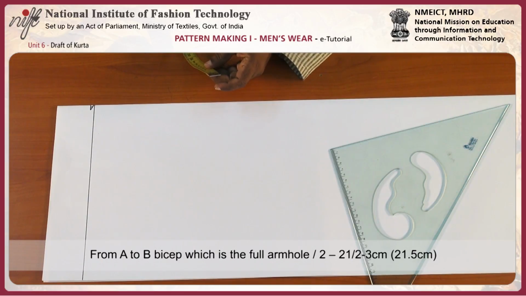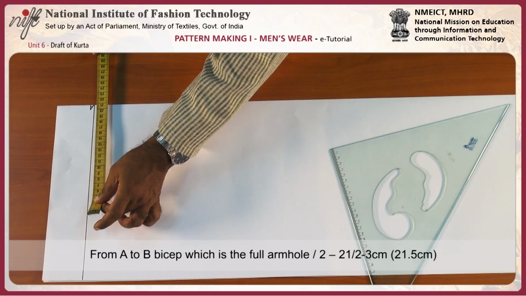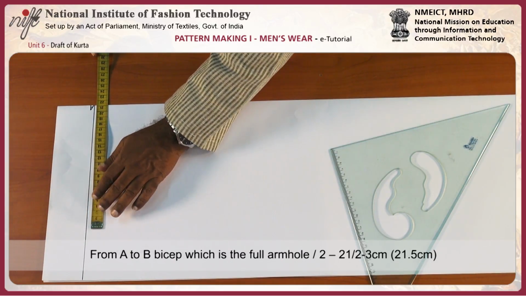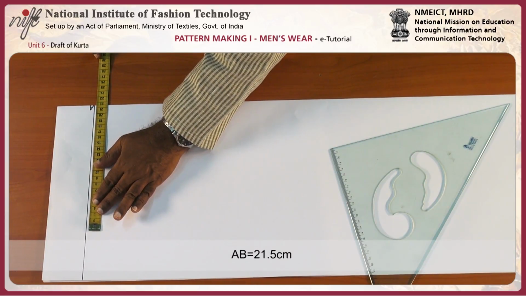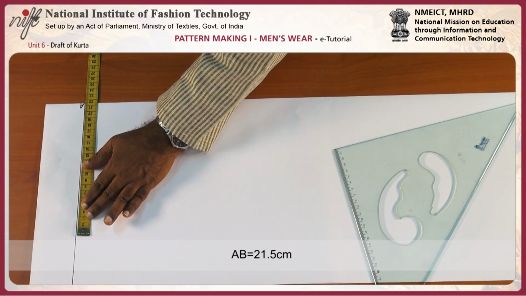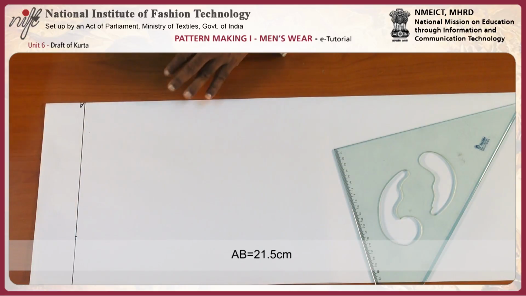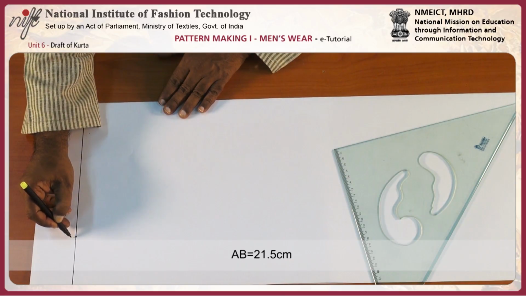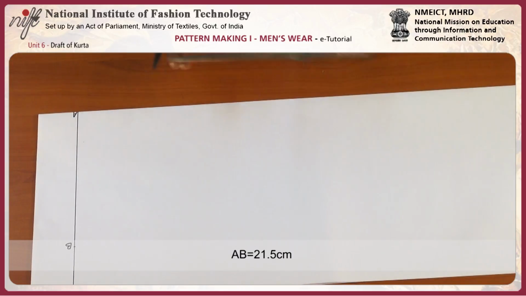In this case, the total armhole is 48.5, divided by 2 minus 3 centimeter will be 21.5 centimeter approximately. A to B bicep width is 21.5 centimeter.